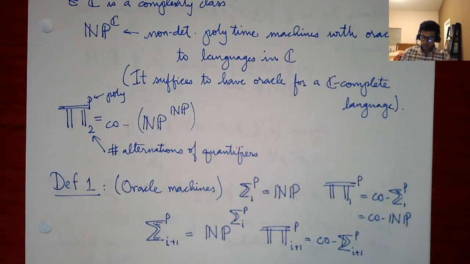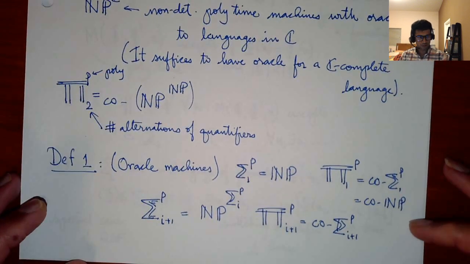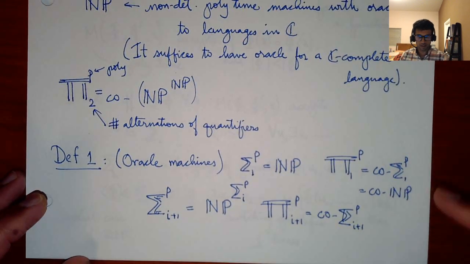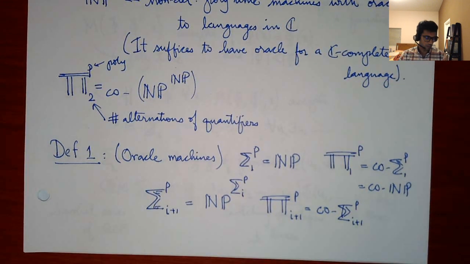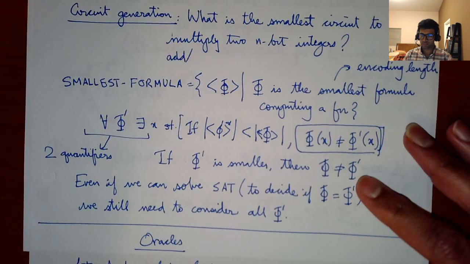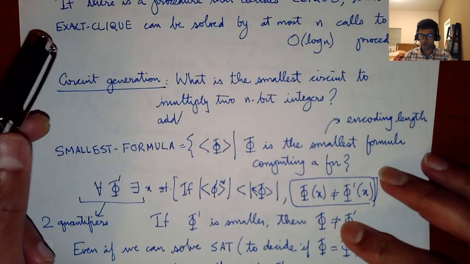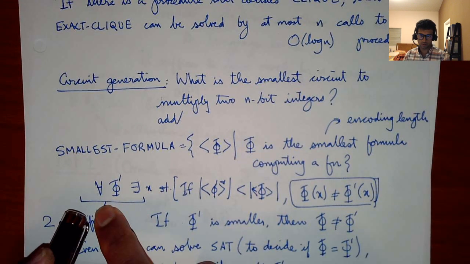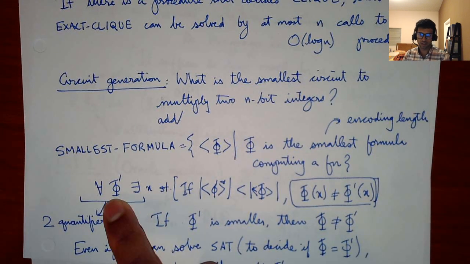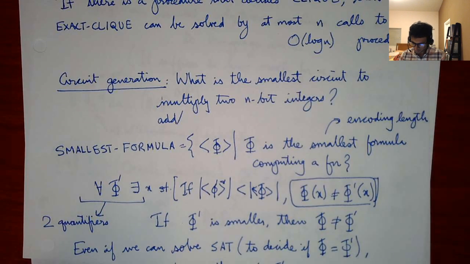Today we'll be continuing with the polynomial hierarchy, and so just to recall the things that we did in the previous lecture. Remember that we were talking about problems like exact clique and smallest formula, where essentially the definitions, at least the languages, involve some kind of alternation of quantification.